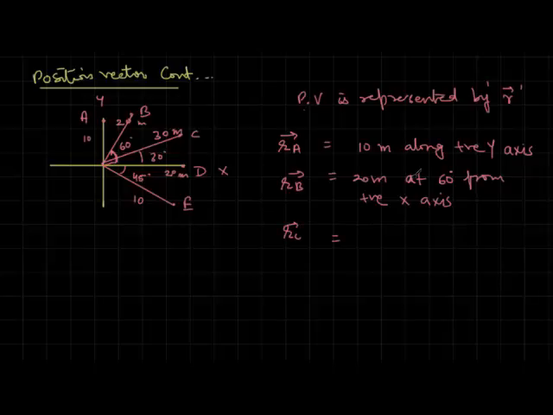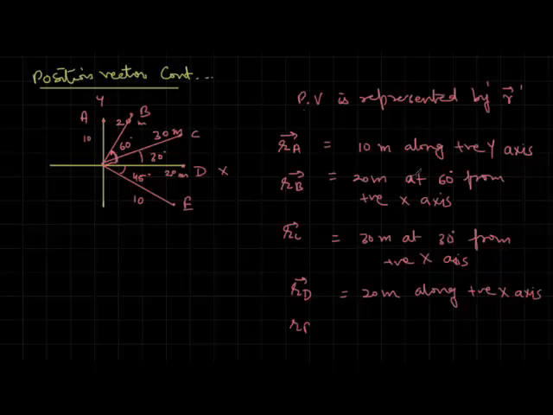Position vector of C is equal to 30 meter at 30 degree from positive x-axis. Position vector of D is equal to 20 meter along positive x-axis.